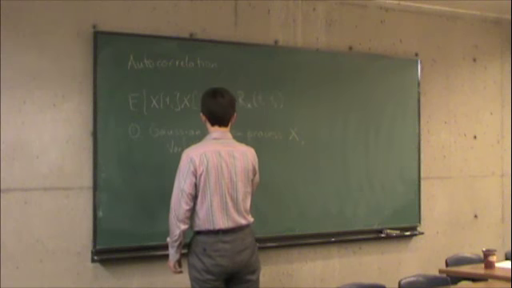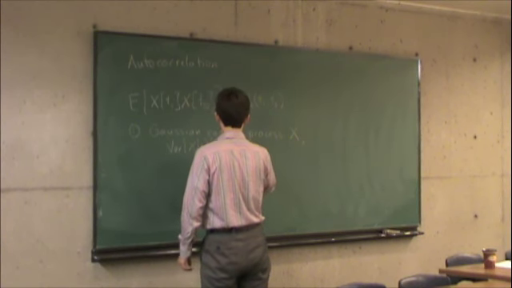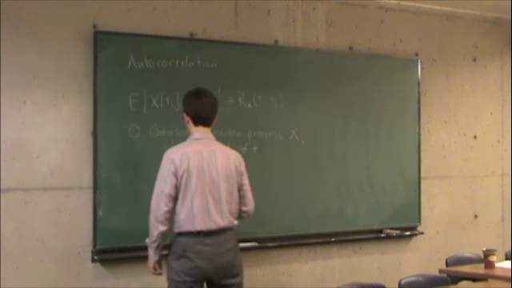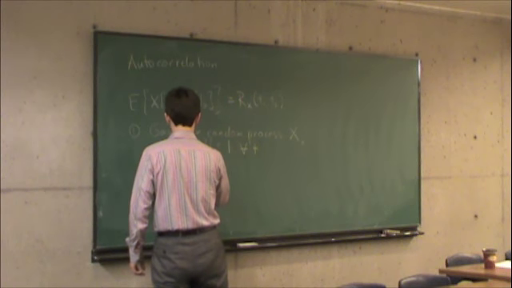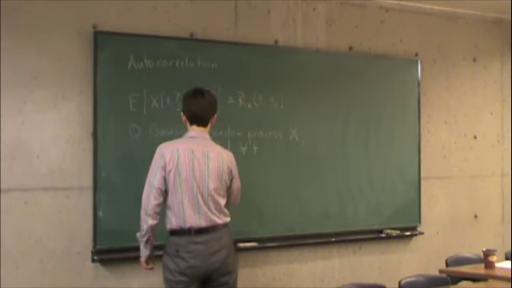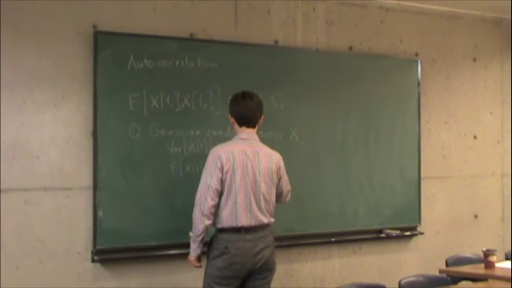The variance is equal to 1 for all t. The mean, expected value of x of t, is equal to 0 for all t.